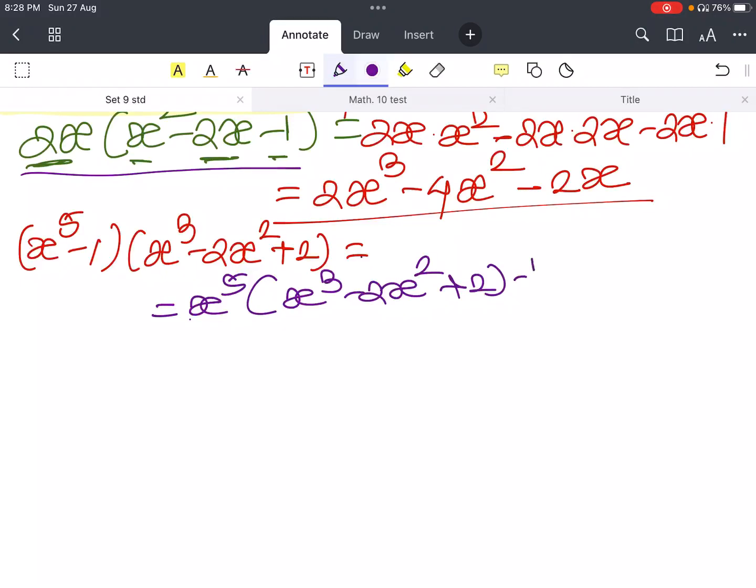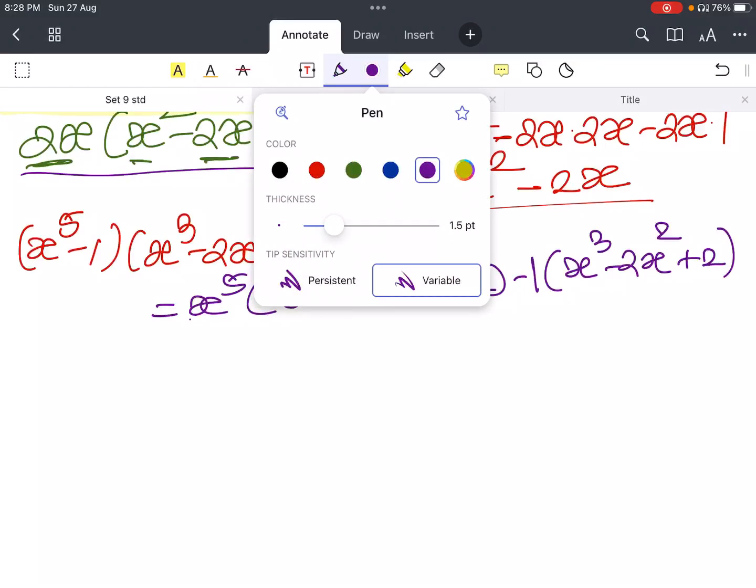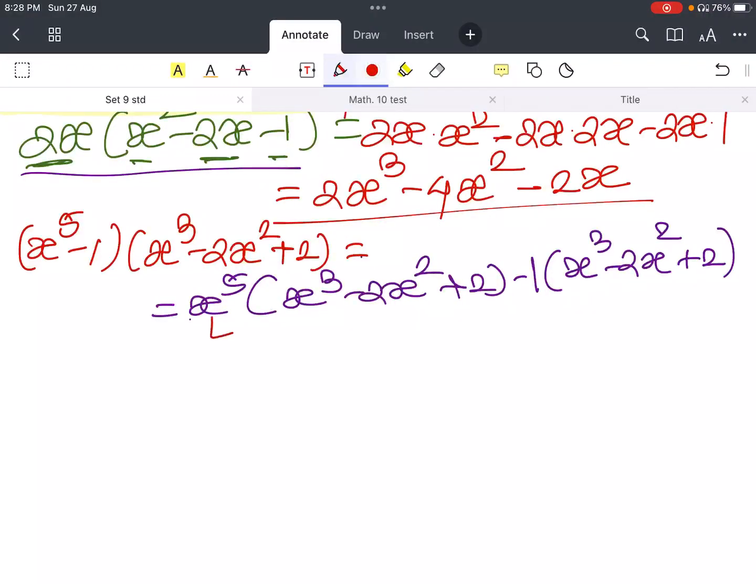Minus 1 as it is into bracket x cube minus 2x square plus 2. Now just simplify this. As per the previous condition, this is a common multiplier with the second bracket, and this is also a common multiplier with the second bracket.